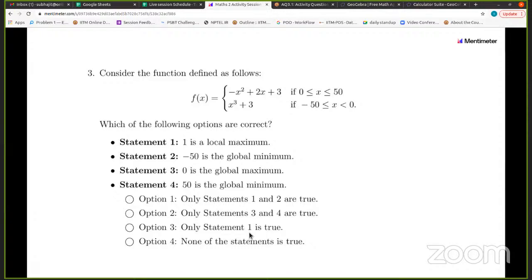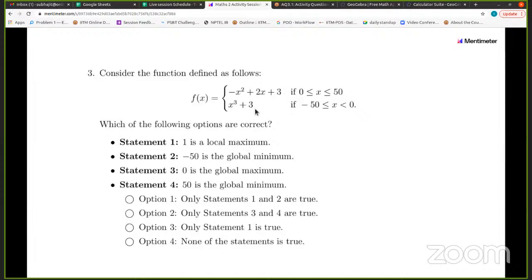The only critical point for this is 0, but 0 is not in the interval minus 50 to 0, since that is open. So the x cube plus 3 portion does not have any critical point except the boundary point, which is minus 50. For the first piece, the first derivative is minus 2x plus 2, so the critical point is 1.